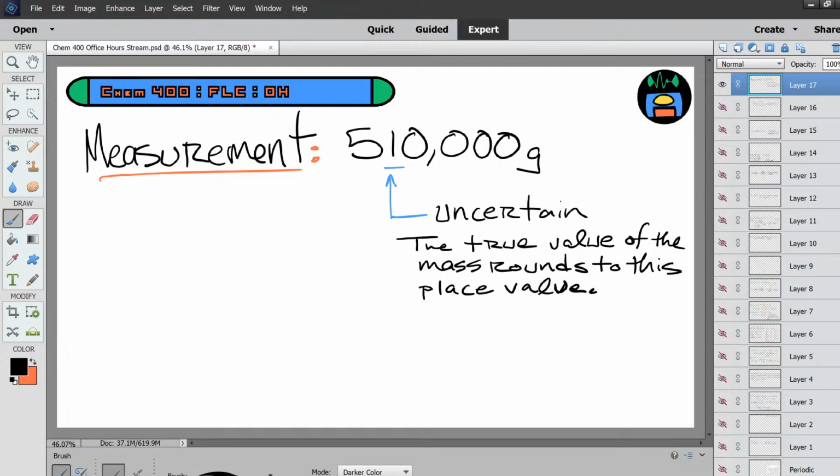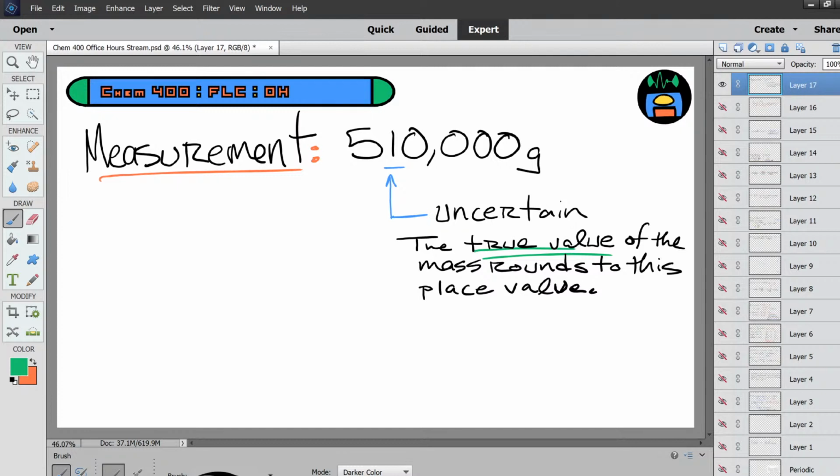and so the true value of that mass is any number that rounds to 510,000.